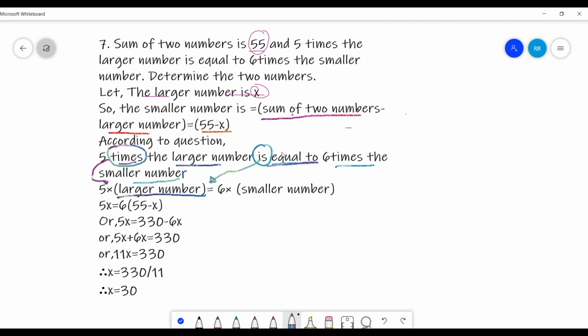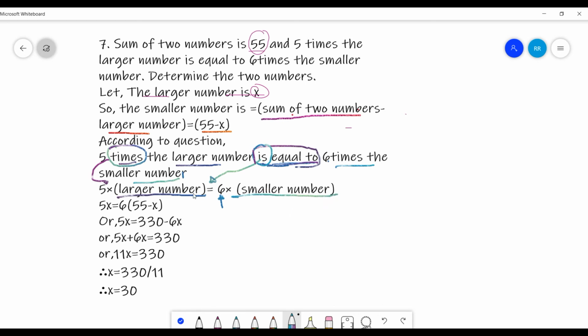And 6 times: 6 means the number 6, and "times" means we have to replace it with a multiplication sign, then the smaller number. So I have written the smaller number.